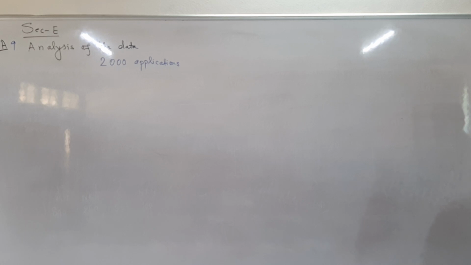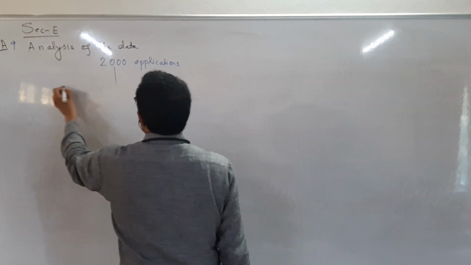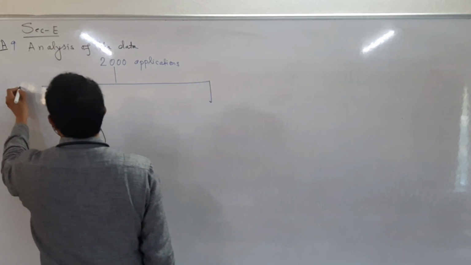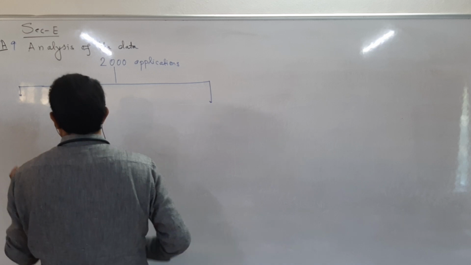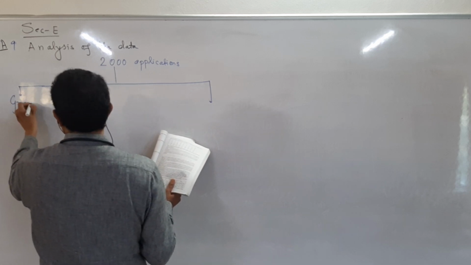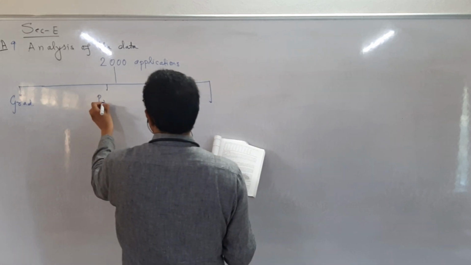Of total applicants, 50% were graduates, 40% postgraduates, and the remaining were having a professional degree. So this will be our first column: the graduates, postgraduates, PG.